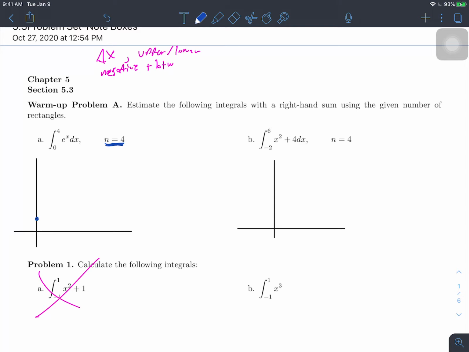So we go from 0 to 4. So let's see here. 1, 2, 3, 4. And e to the x, that's an exponential function. Exponential functions grow faster and faster and faster. The reason I put this point here is because this is the point 0, and if I plug in e to the 0, I would get 1, so that'd be the point (0, 1).